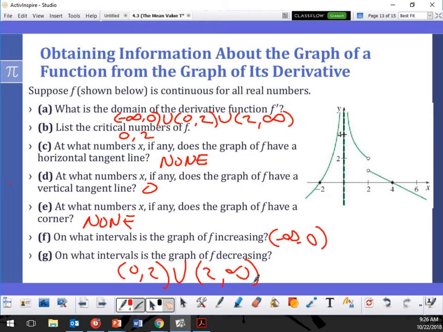Open. Quattro, are open jumps vertical tangent lines? No, not always. It could be holes. It could be jumps. Are you talking about like this? Yeah, that wouldn't be. This is because of this. This is a piecewise. So it goes from here to here and here to here.